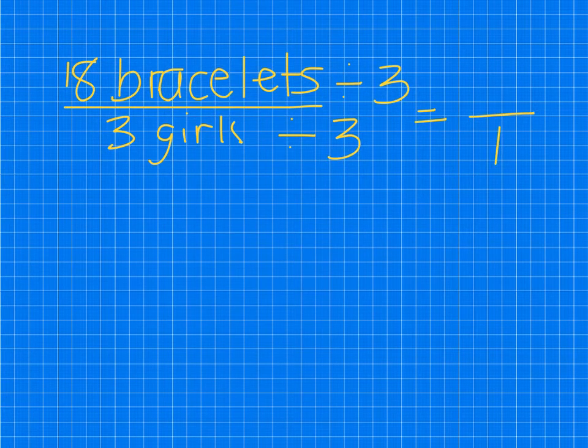I'm going to have to divide the denominator by 3 so that I can get 1, which means I'll have to divide the numerator by 3. 18 divided by 3 is 6, so in this case, I can get 6 bracelets from 1 girl. That is the rate that 1 girl can make: 6 bracelets.